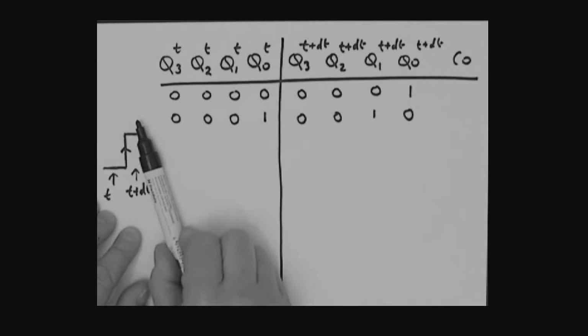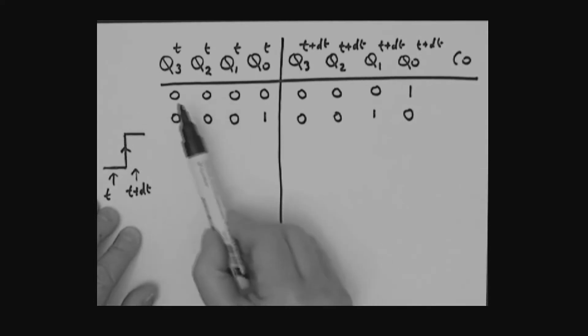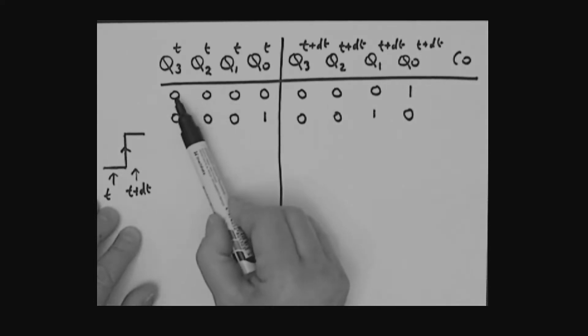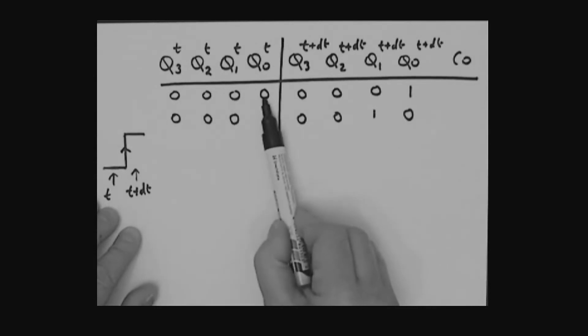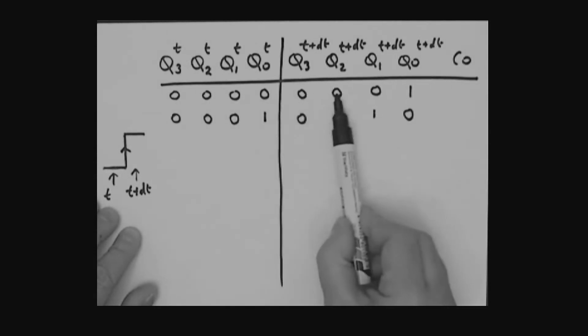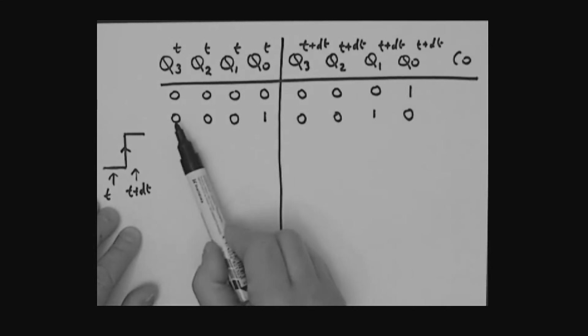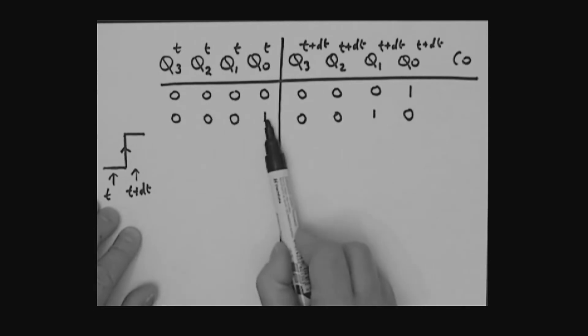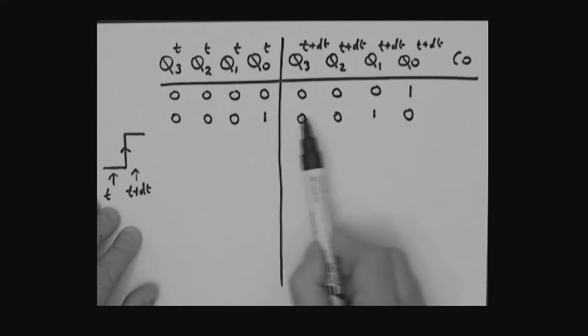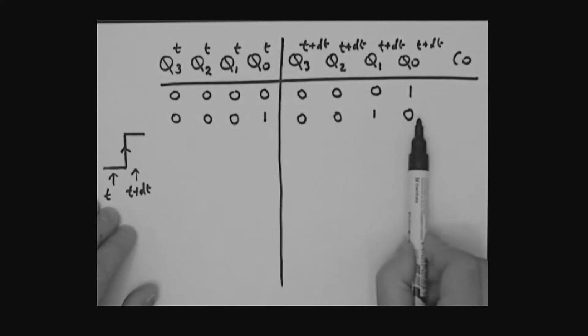Look, a counter is really a very simple state machine in and of itself. So let's look at this. If the counter is sitting with 0, 0, 0, 0 for its Q outputs, when you get the leading edge of the clock, it's going to go to 0, 0, 0, 1. So what you would expect, it increments. If you have 0, 0, 0, 1 for this counter before the clock edge, when you get the leading edge of the clock, it goes to 0, 0, 1, 0.